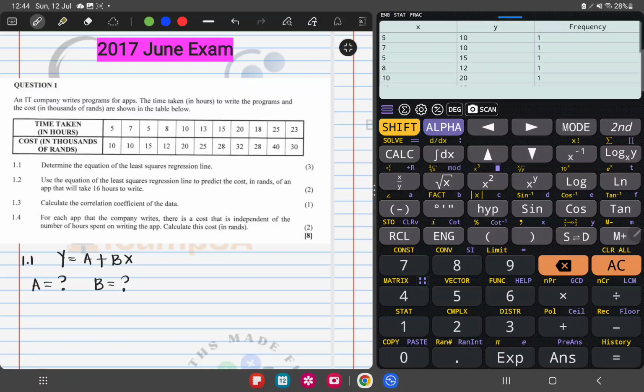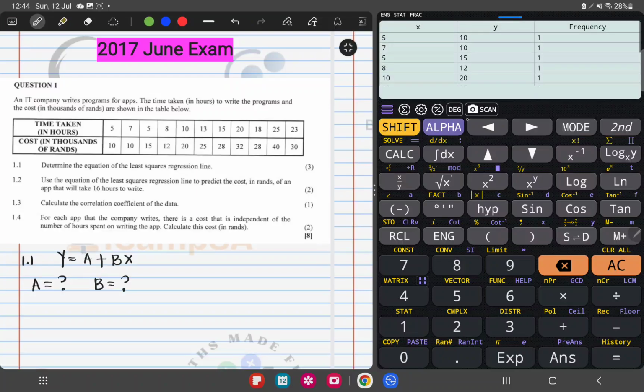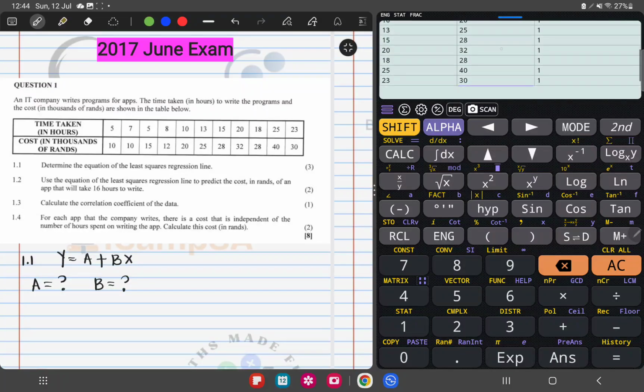I have 5, 7, 5, 8, 10, 13, 15, 20, 18, 25, 23. Let's look at the y's. We have 10, 10, 15, then 12, then 20, then 25, then 28, 32, 28, 40, and 30. That looks about okay.